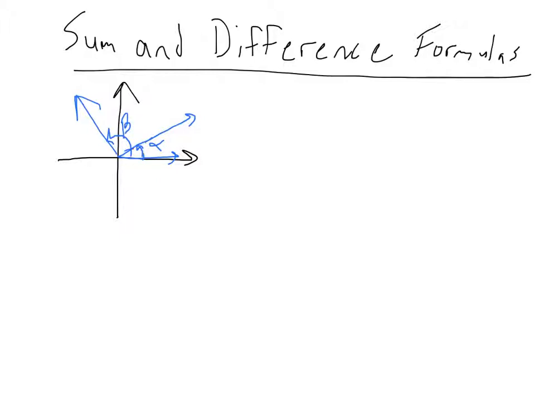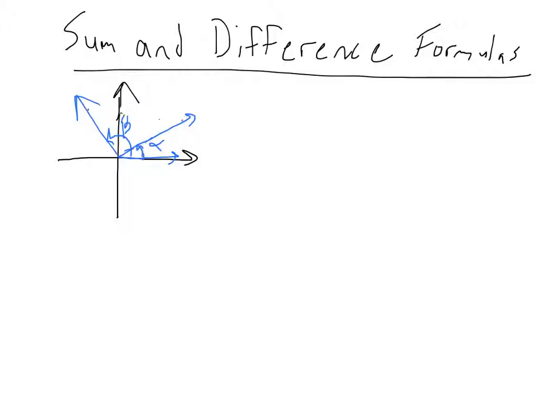So we have angle alpha and angle beta. And then we're going to draw a chord, and this is going to be on the unit circle. I should actually erase this and make sure it's right.